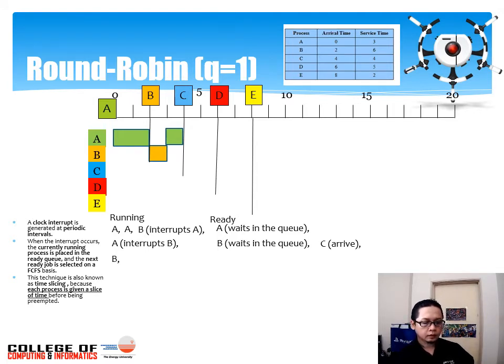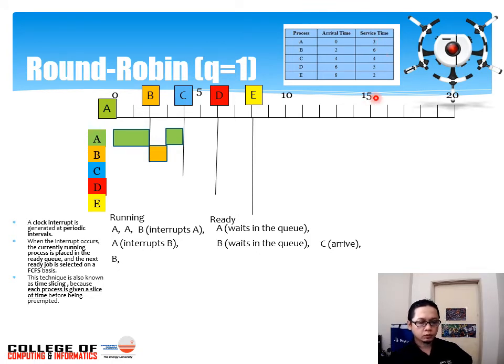Then the next time, if you notice here, A has already executed all its service time: 1, 2, and 3 here. So A is out of the competition now. A has already been serviced 3 times.